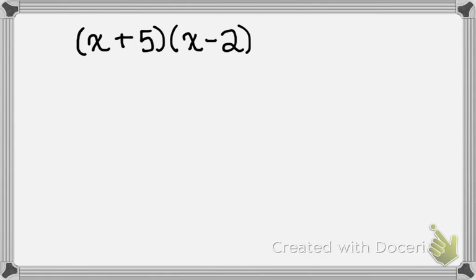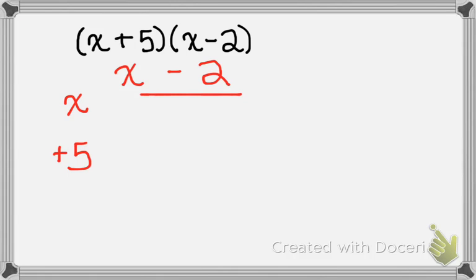To show you how this same method would work for a smaller example, let's just go do the same steps here. So x plus 5, I'll put vertically, x minus 2 horizontally, I'll create our box.